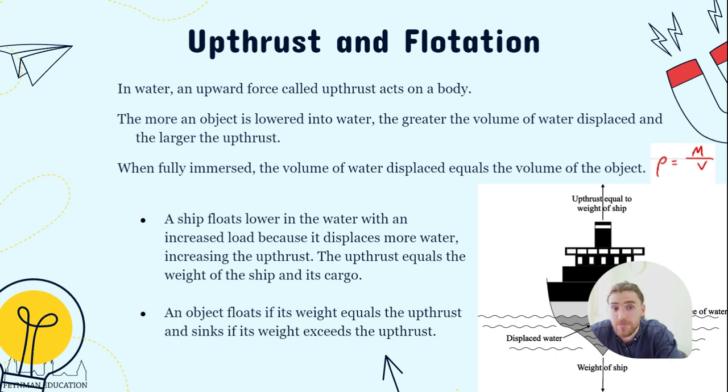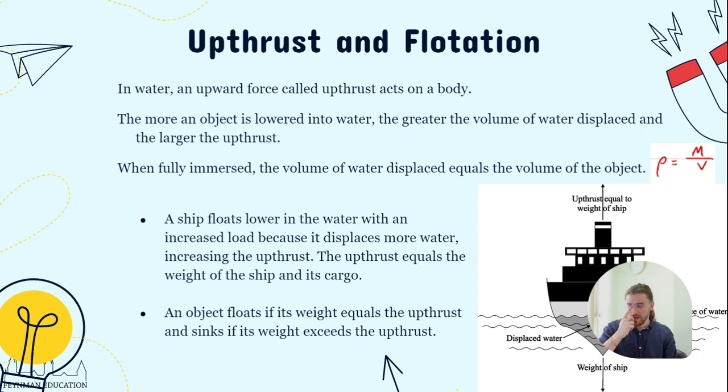Now, upthrust is the upward pushing of the water on an object when that object displaces a certain amount of water because of its volume. An object will float when the upthrust is equal to the force pushing the object down, gravity.